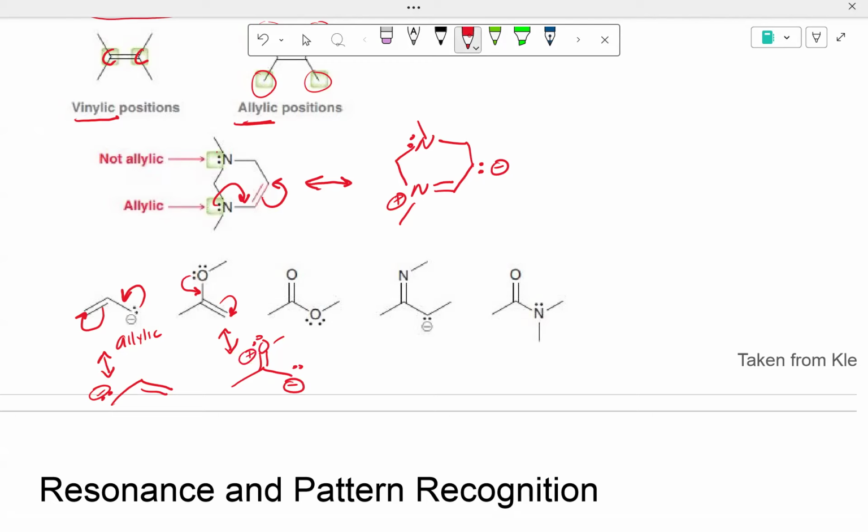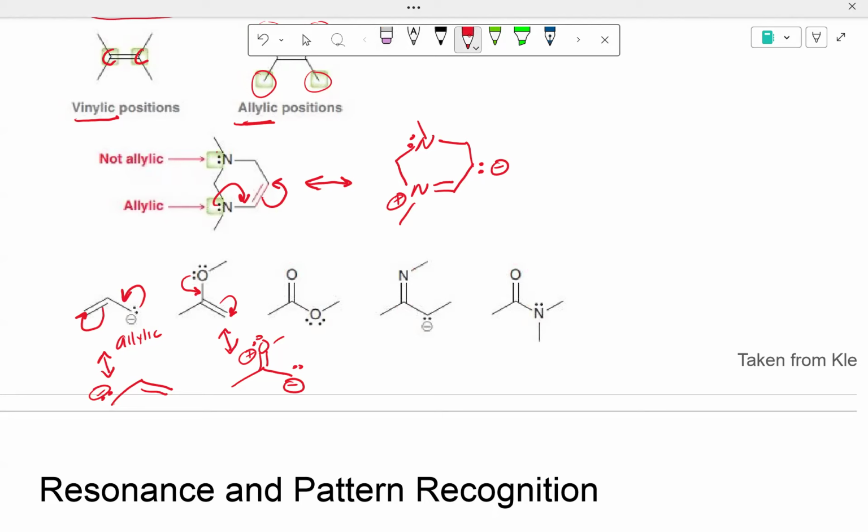Now, the next three examples technically don't count as allylic positions, but they work exactly the same. The reason they don't count as allylic is because it's not a carbon-carbon double bond. But we're going to treat this carbon-oxygen double bond, this carbon-nitrogen double bond, this carbon-oxygen double bond as if it were a carbon-carbon double bond, because the electrons are going to act the same way.